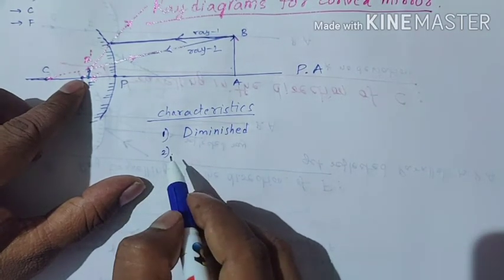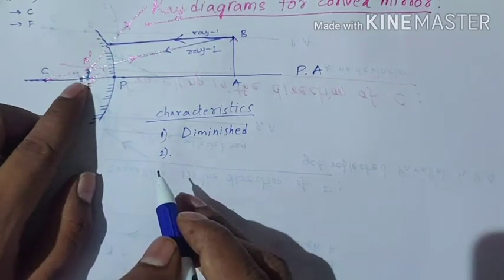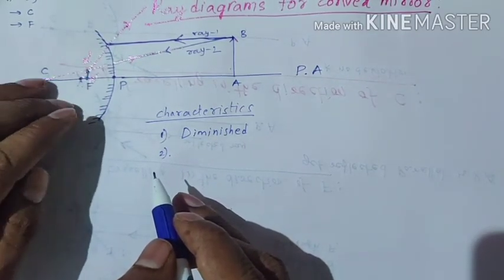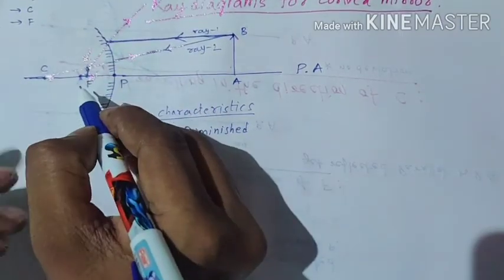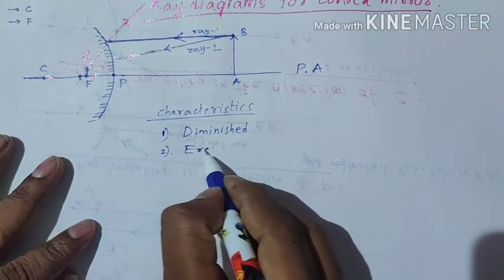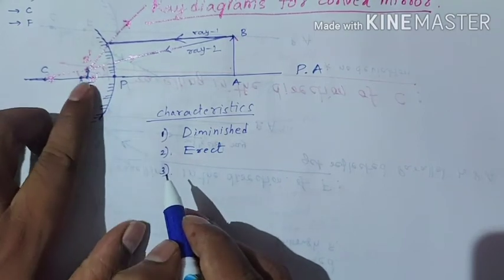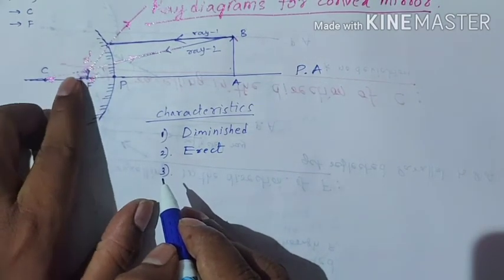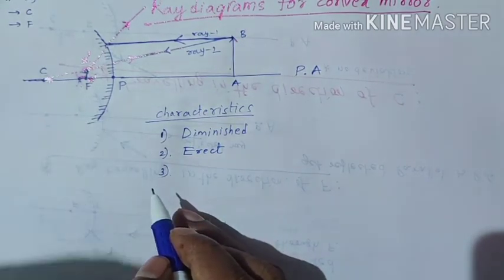And what is the second characteristic? If you see this image, the image is above the principal axis. This is the principal axis, the image is above the principal axis, so it is an erect image. And the third one is, here you see, the image is formed behind the mirror. That means the image is formed inside the mirror.